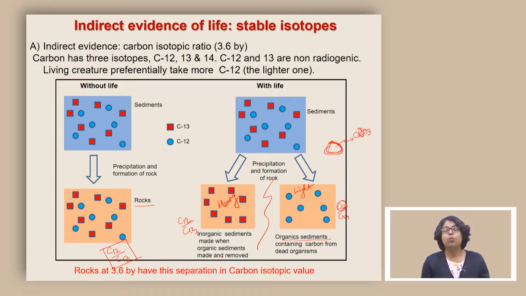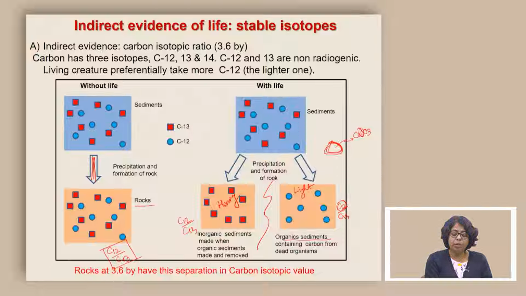If there is a world where there is no such separation, that strongly tells you that there is no life involved in any of these processes, and that's what's depicted in this particular picture. So, using the carbon 12-13 ratio, or stable isotopic ratio of carbon, it is possible to recognize whether biological activities were involved during a particular time, by looking at the stable isotope ratios of carbon of the sediments or the rocks.